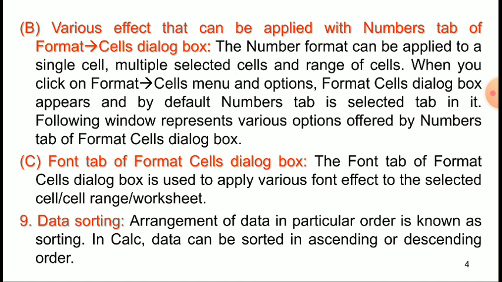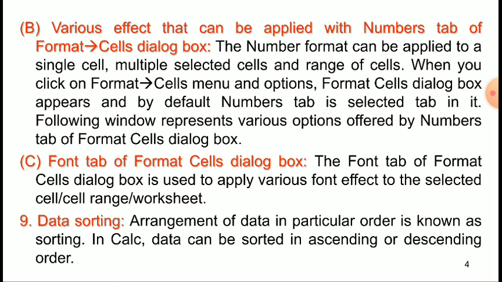Second is the various effects that can be applied with the Numbers tab of the Format menu and then the Cells dialog box. The number format can be applied to a single cell, multiple selected cells, and a range of cells.